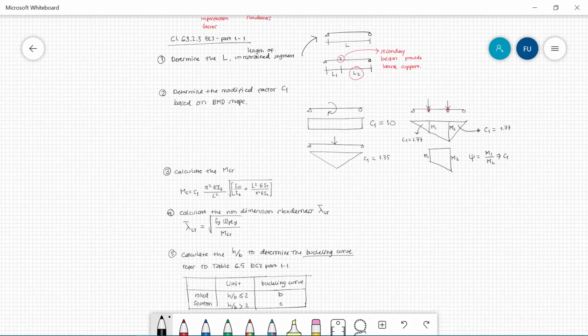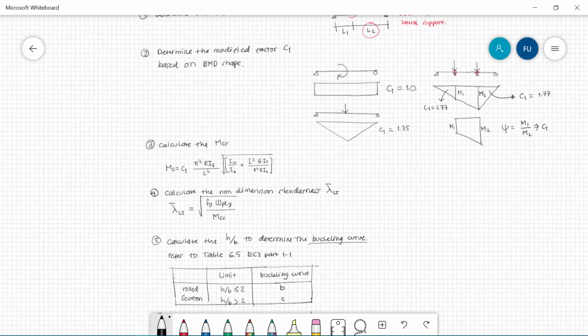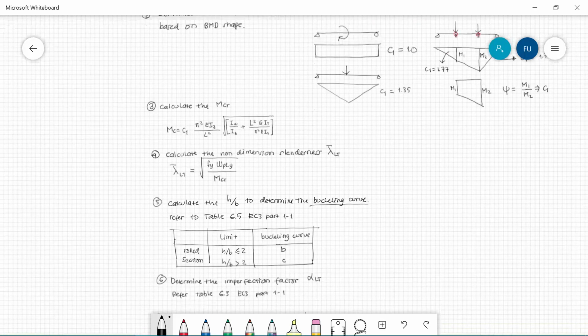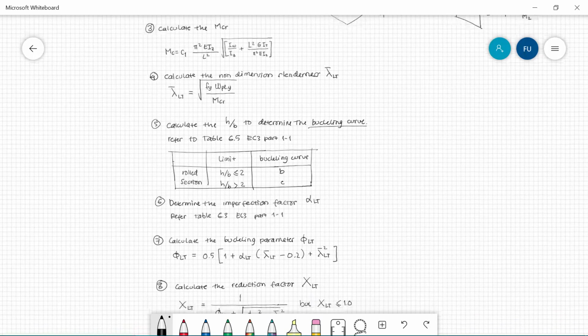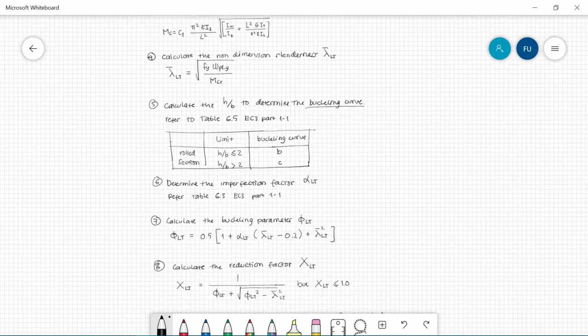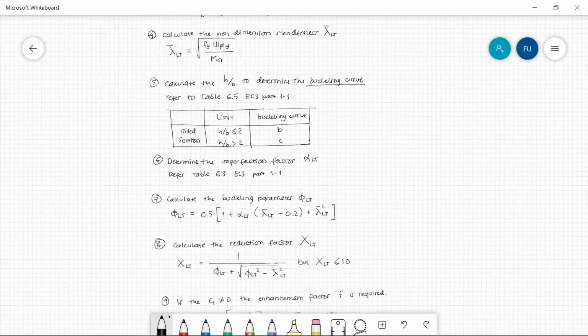So it starts by determining the L, then determine the modified factor C1 based on the BMD shape, then calculate the MCR. Number 4 is calculate the non-dimensional slenderness, lambda LT, then calculate the h/b to determine the buckling curve, then refer to table 6.5 Eurocode 3 part 1-1.